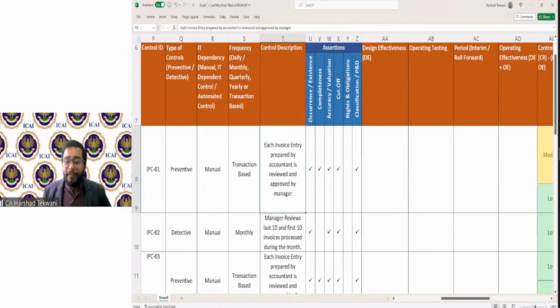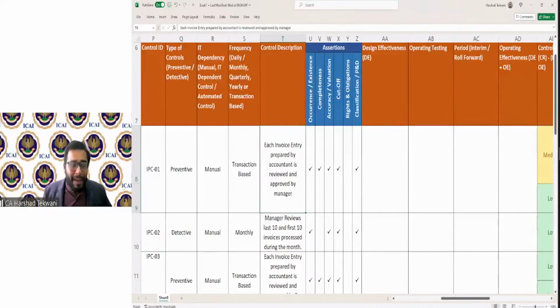Let's say for example, throughout the year the accountant is preparing the invoices. Then at the end of the quarter, the manager reviews everything together. Good, done, everything closed. No. So how those things are performed comes from the control environment.